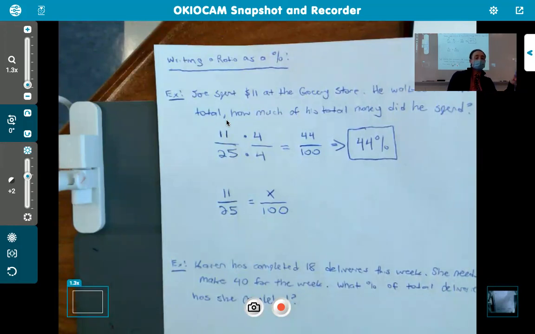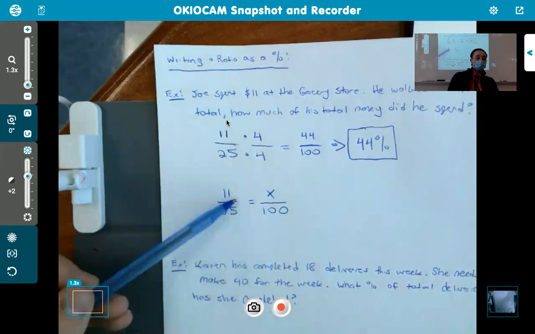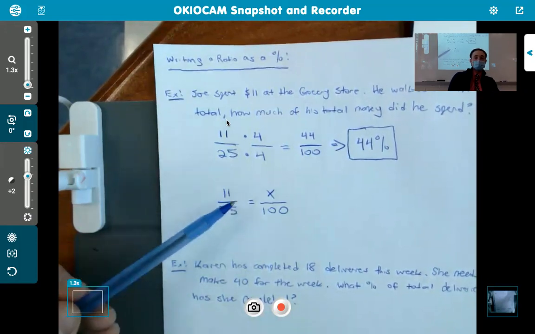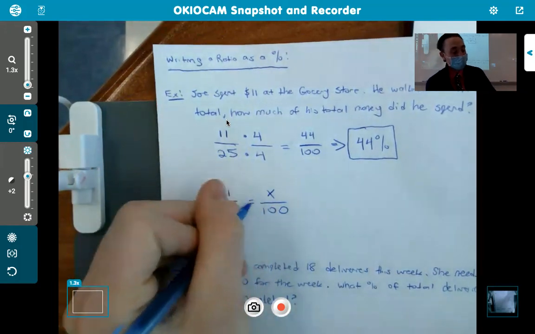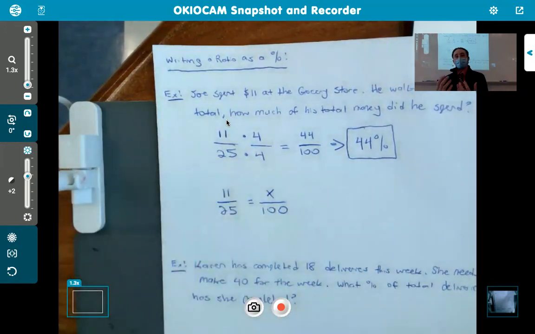And in order to solve this, what we need to do is what's called cross multiplying. Remember doing cross multiplying? We take the denominator of one fraction, multiply it by the numerator of another, and vice versa. So I can have an easier equation, because I don't want to deal with fractions.